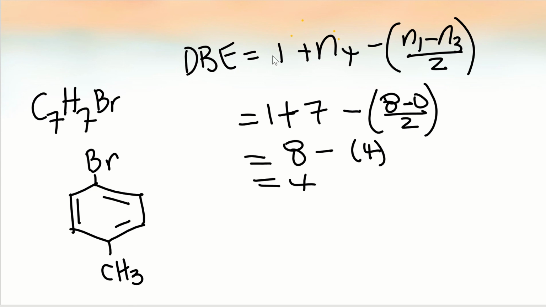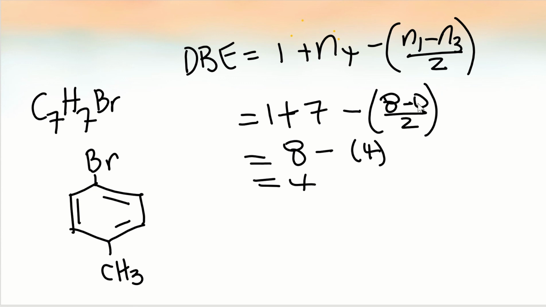Right, so 1 plus N4, so that is the number of carbons. So the number of carbons is 7 minus N1 minus N3 divided by 2.